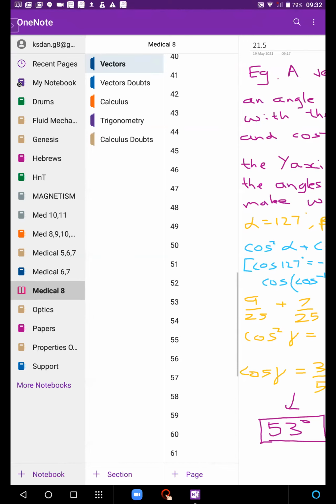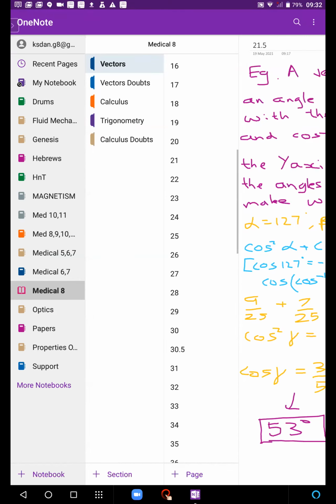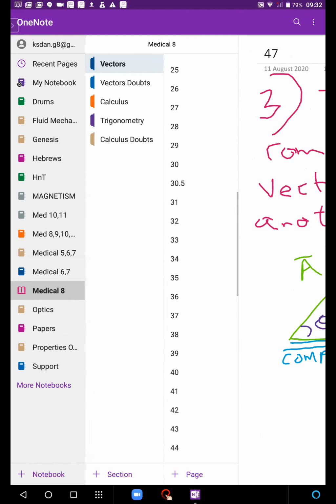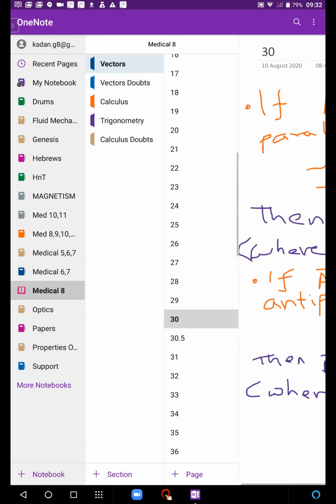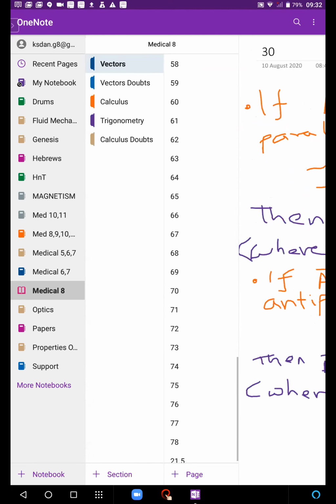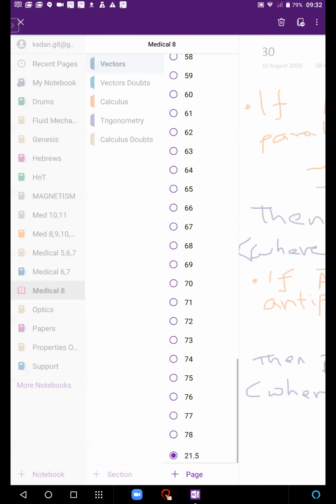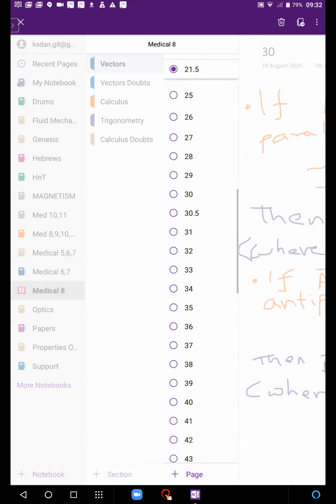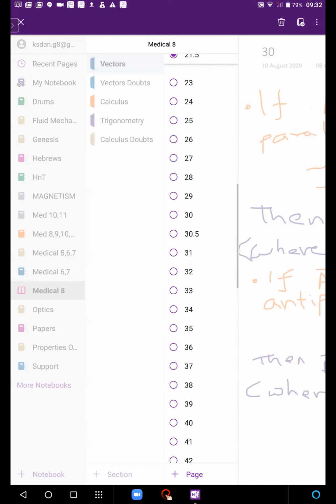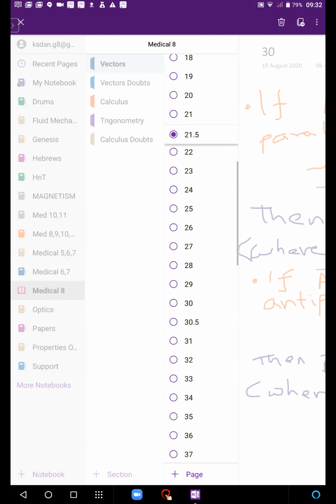So tomorrow we'll further use components to prove a formula, and then there'll be sufficient homework for this weekend.